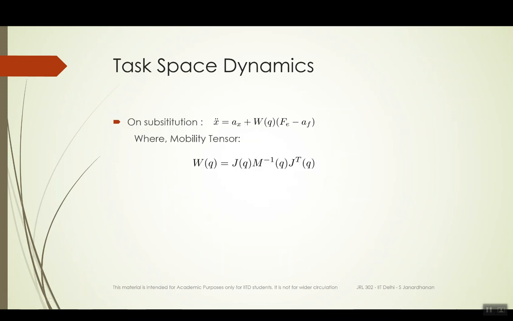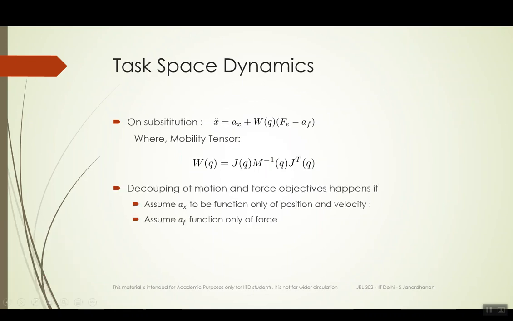Now when you substitute these two equations, you end up with the actual acceleration in the task space being the desired task space acceleration plus some term that depends upon the desired end effector force, the desired interactive force with the environment and the actual force with the environment, where this WQ is derived from the Jacobian and the mass matrix, and is called the mobility tensor.